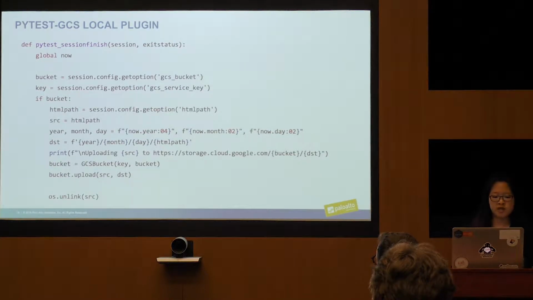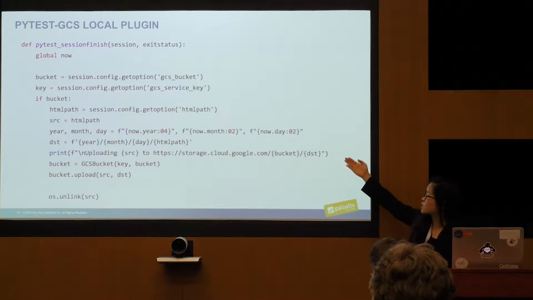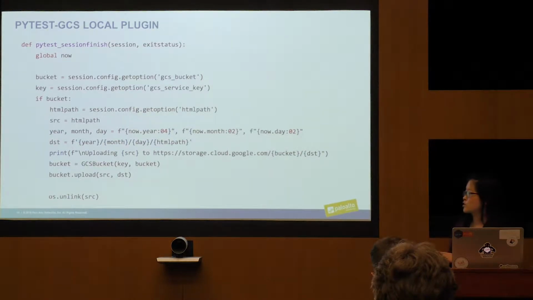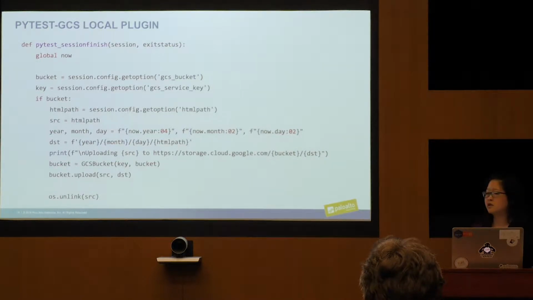At this point, we take the HTML file name, and I've taken our timestamp from our test run and created some subfolders, including the year, the month, and the date. That way, if you ran the tests multiple times in a day, you could just go to that one folder.